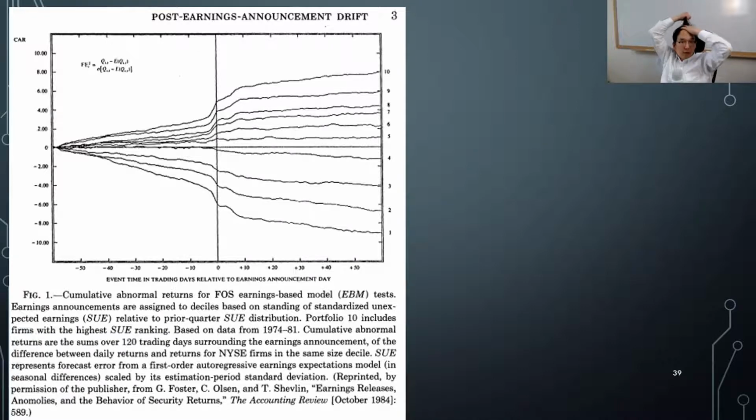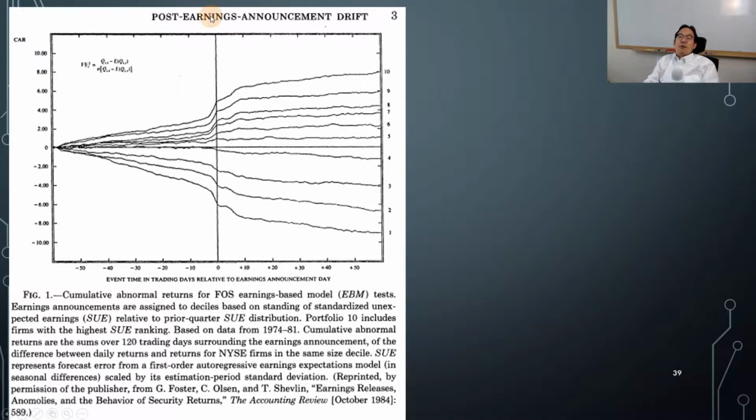Why is that so? On the day of the earnings announcement, the magnitude of the response will be hugely different. That's not what we are interested in, by the way, because that's a market efficiency test, just showing that the market is efficient. As long as you have negative earnings surprise, it will be hugely going down. So positive, it will be hugely going up everywhere.